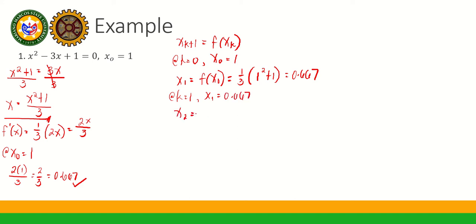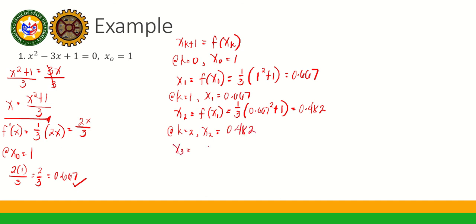Now, computing for x sub 2, we have x sub 2 is equal to g of x sub 1. So, this is equal to 1 over 3 times 0.667 squared plus 1. And we get 0.482. Okay. Now, at k equal to 2, x sub 2 natin is equal to 0.482.